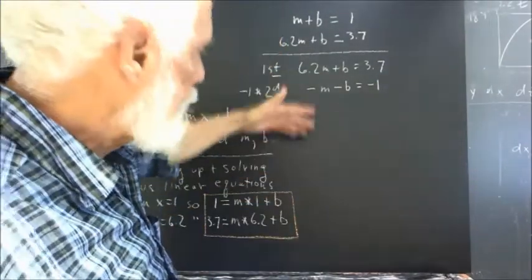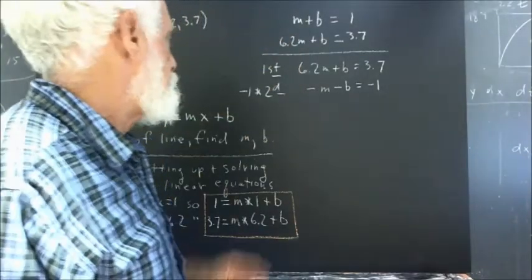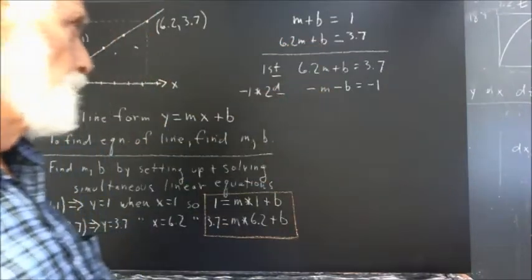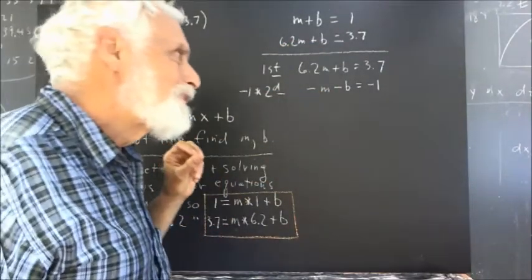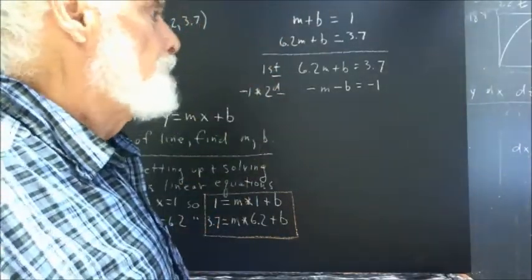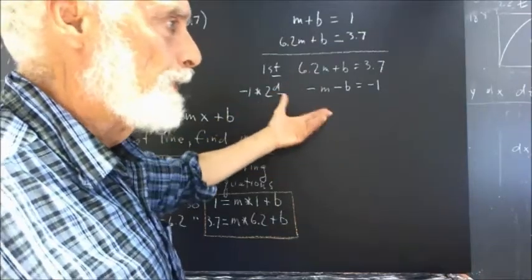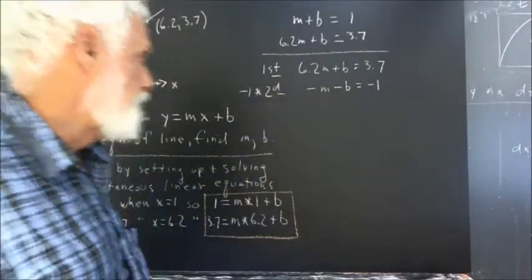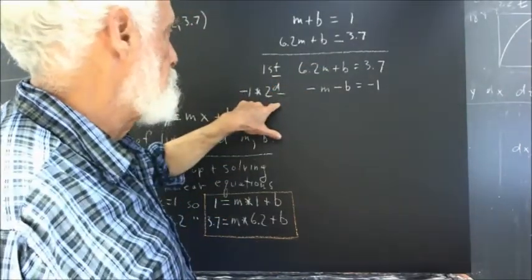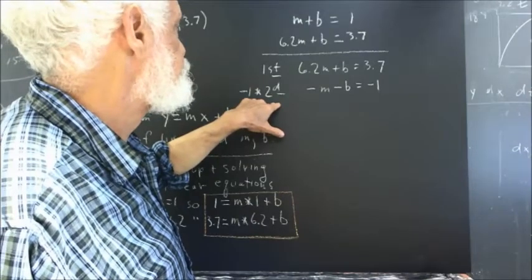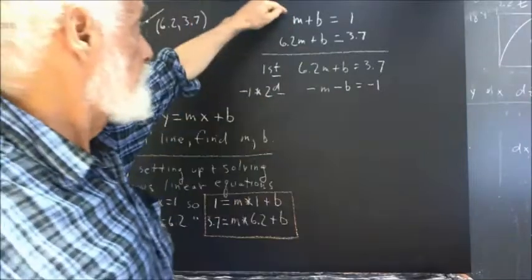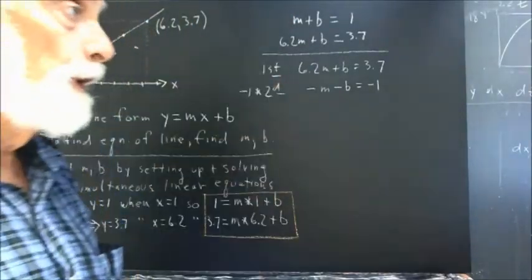Now I said we're going to subtract the second equation from the first, and actually what I'm doing is multiplying the second equation by -1, and then adding it to the first equation. That's a little less prone to error than subtracting one equation from the other, especially if the equation you're subtracting already has some minuses. You can get messed up with the minus signs. I've called this the first and this the second. This is actually the first, and this is the second, so let me correct that.